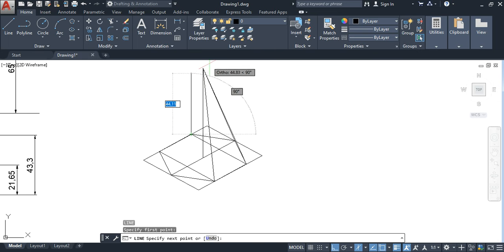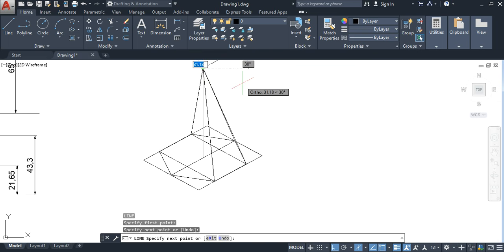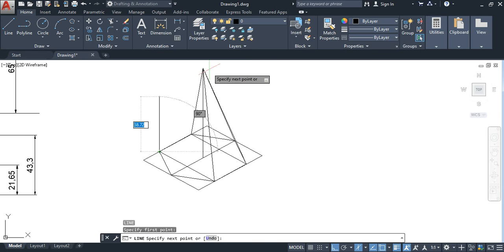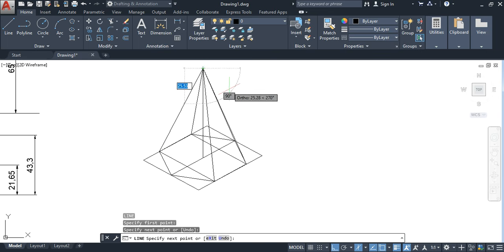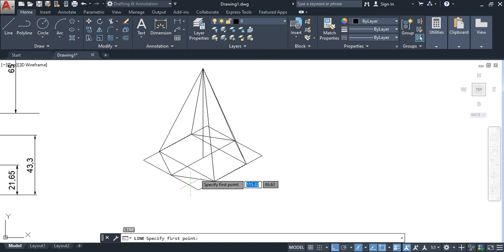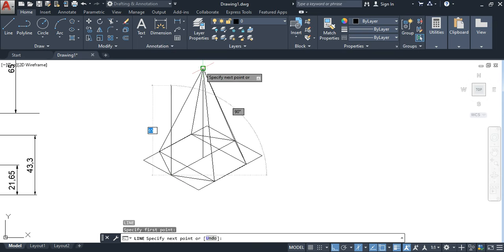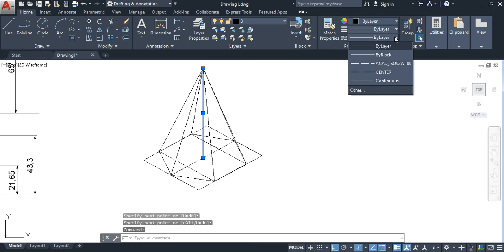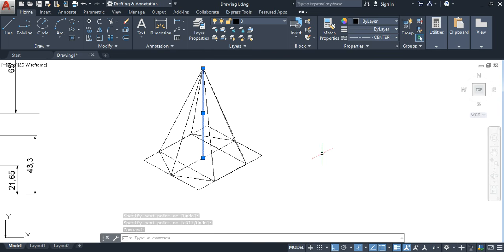From this to here you draw, and from this point to this point you join, and next from this point to this point you join. After joining, if it is not looking like an axis, we will make them as axis, and anyway in the drawing sheet we will directly draw it as axis.